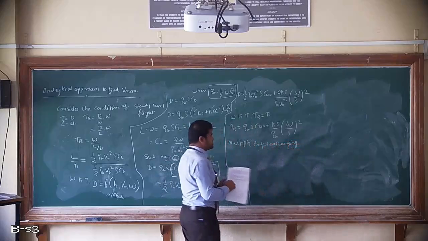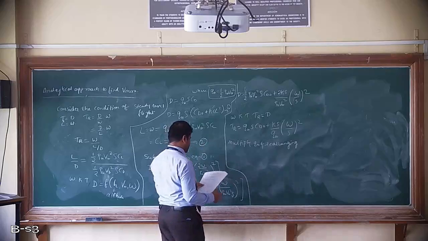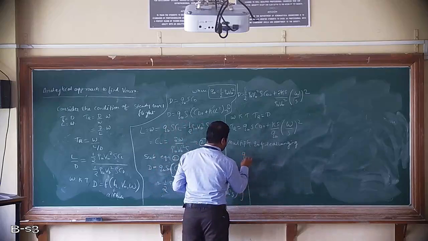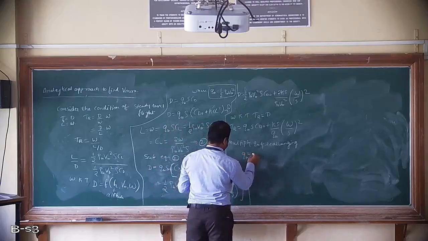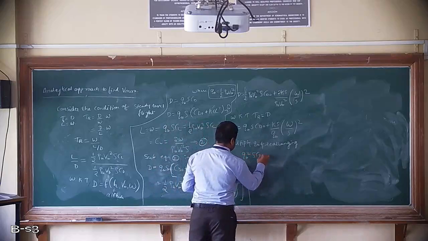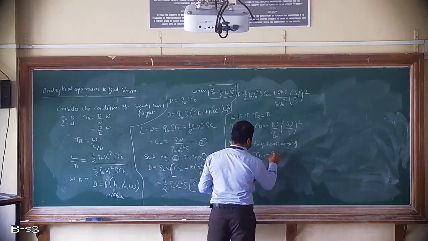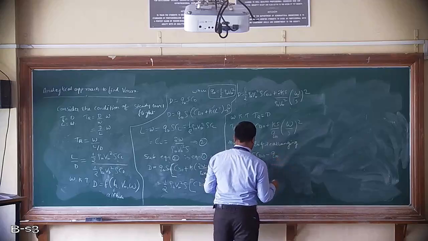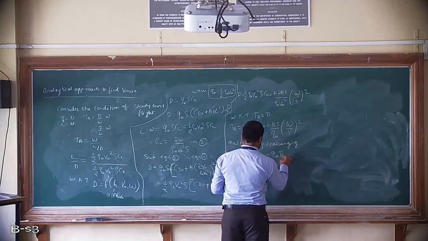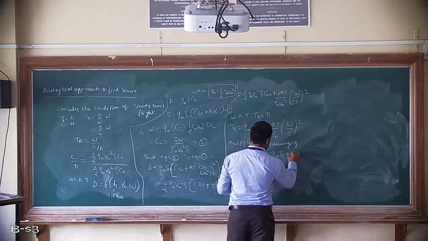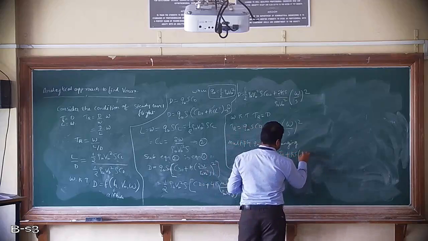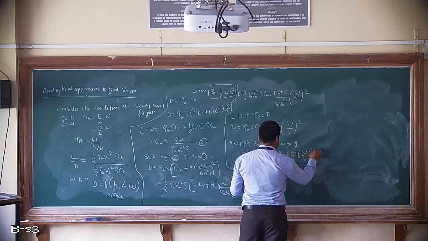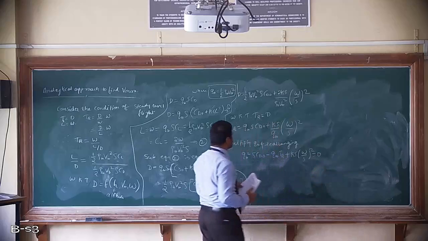What we will get is Q infinity square S CD naught minus Q infinity into TR plus Ks (W by S) whole square equals 0.